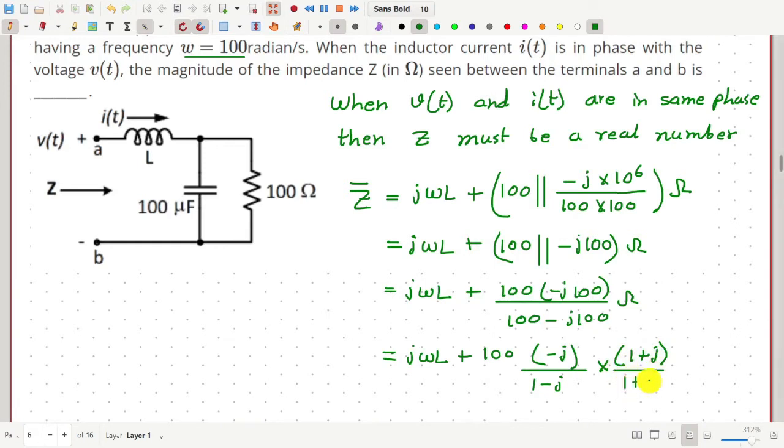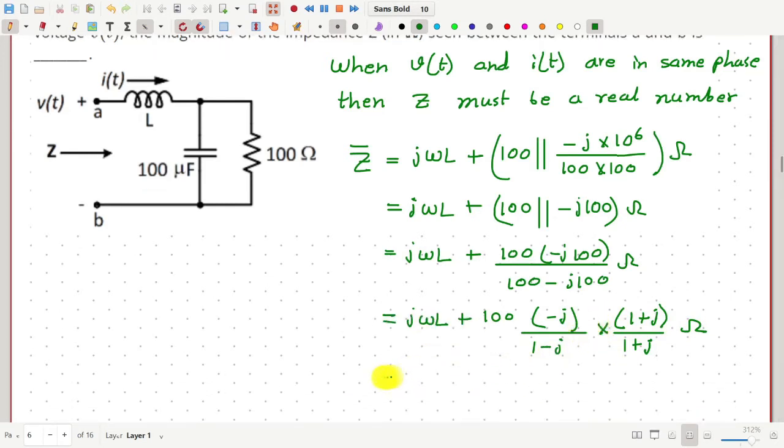Here also 1 plus j ohm. So this is j omega L plus 100. The denominator will be 2, and when you multiply, you will get 1 minus j.